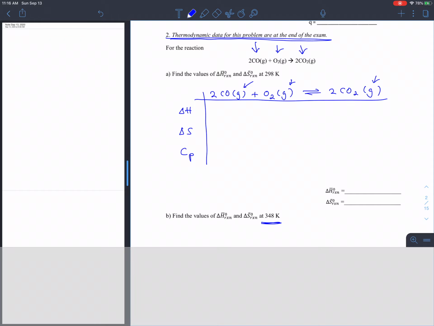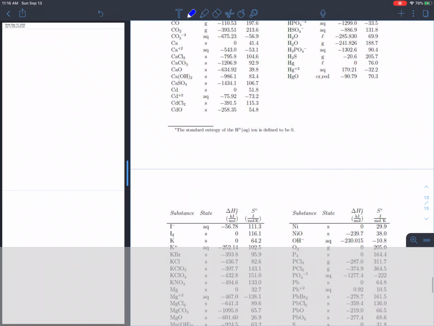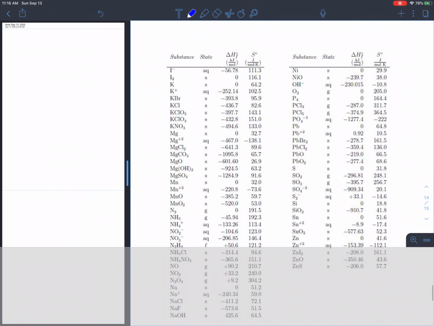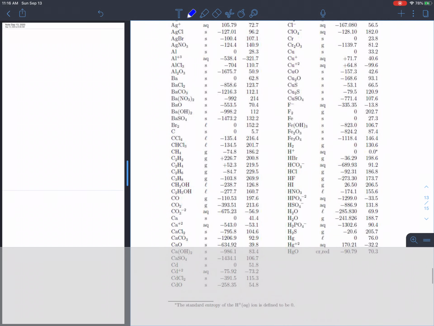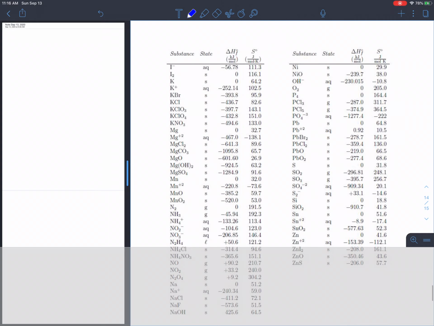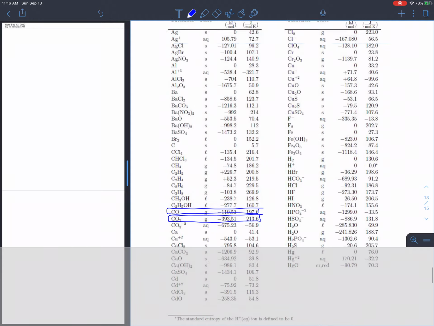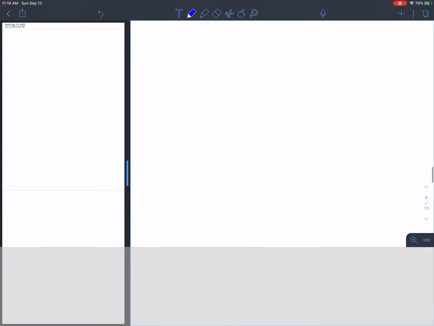So for CO, O2, and CO2, let's look down at the bottom. Here we are. So we need CO, there it is. We need CO2, and we need O2. Where is O2? There it is. All right, so let me see if there's a way, well, I'll just have to copy them up, I guess. So CO is minus 110.53 and 197.6.